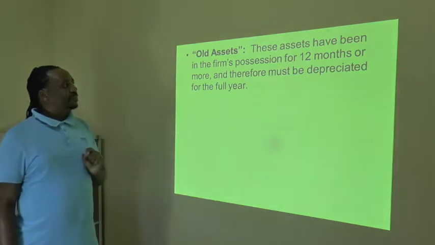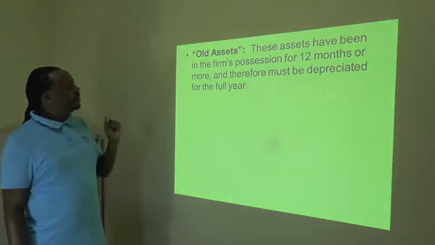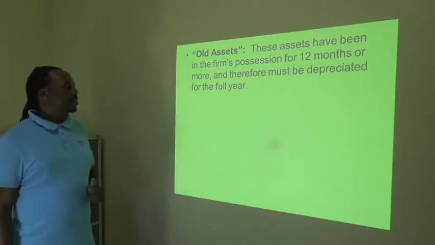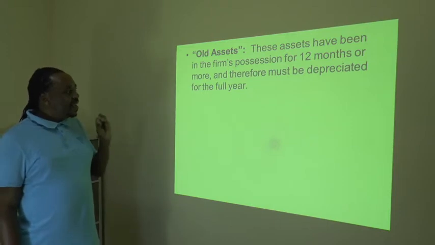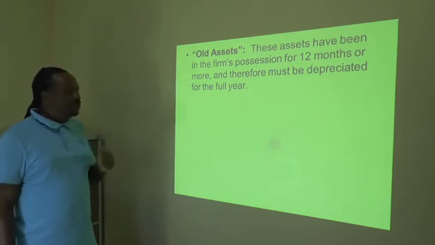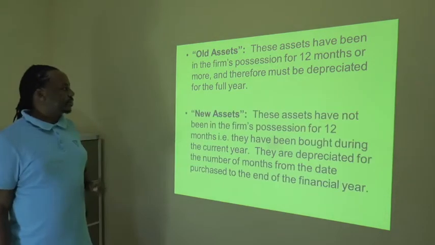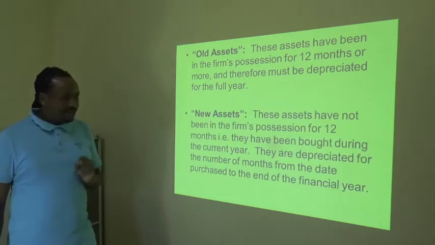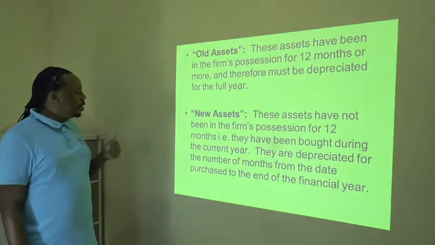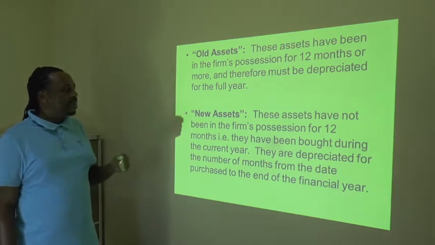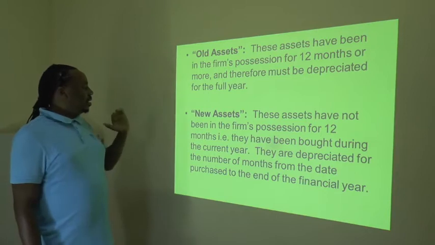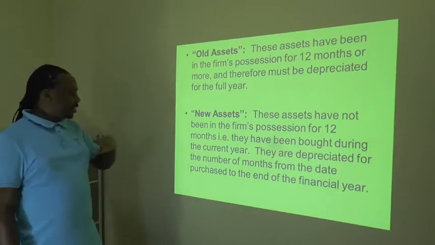The old assets: these assets have been in the firm's possession for about 12 months or more, and therefore must be depreciated for the full year. New assets, the ones that have been purchased: these assets have not been in the business for 12 months, so they are there for not more than 12 months.